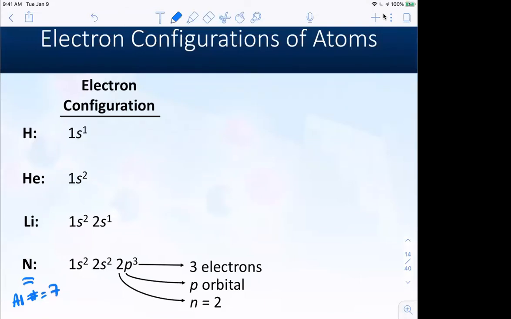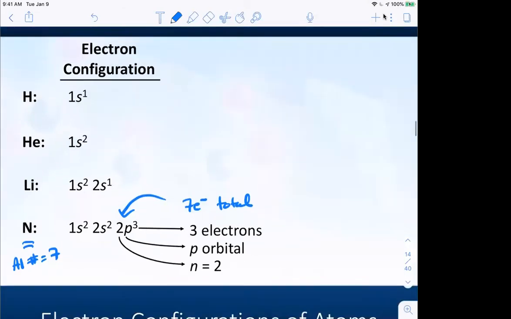So I fill 1s2, I have 2s2, and then I look at the 3 electrons that are left, and they're going to go in the p subshell. So what I just did there was I put 7 electrons total, and then they're distributed according to how they populate those subshells in any given energy level.